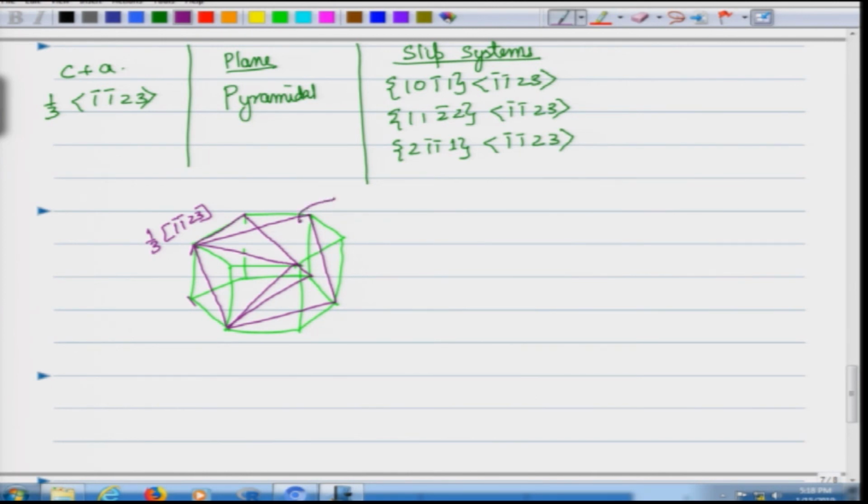So, this one is 1 1 bar 2 2, this is 2 bar 1 bar 1 bar 1, and this we have already derived earlier. So, I am not going into it again, this is 1 0 bar 1 1. So, these are the three different systems.